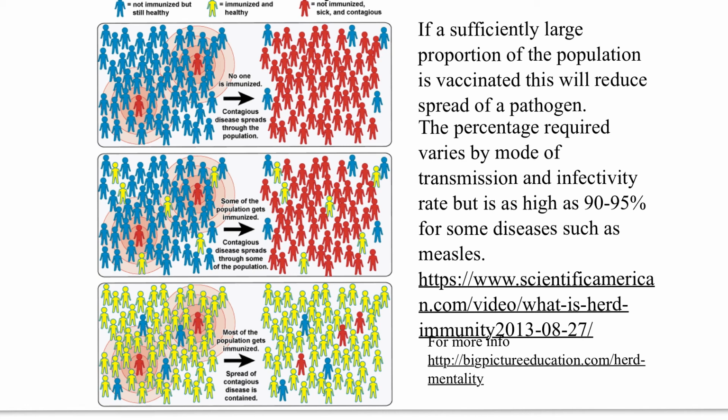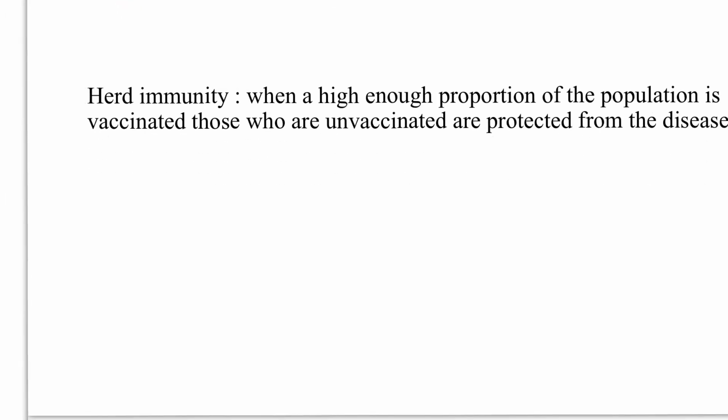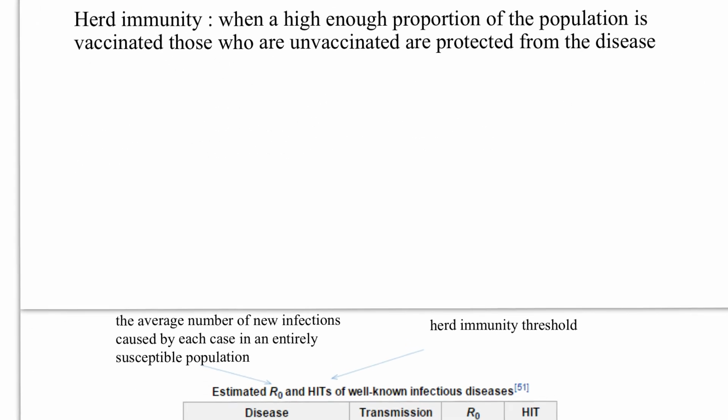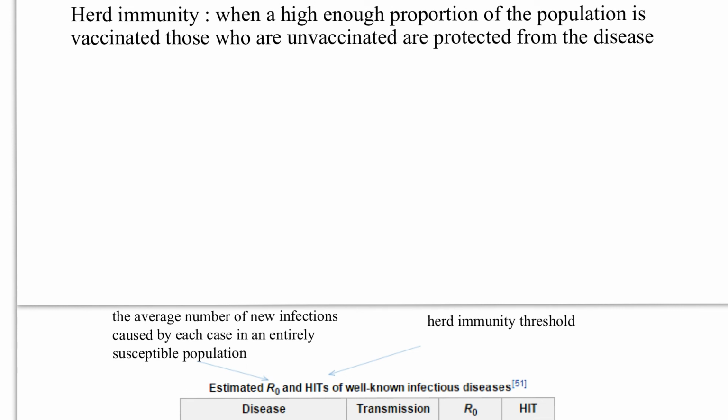So because some people cannot get it, everyone else needs to get it so that the pathogen is not present in the population and everyone is protected. So herd immunity is when a high enough proportion of the population is vaccinated so that those who are unvaccinated are protected from the disease.